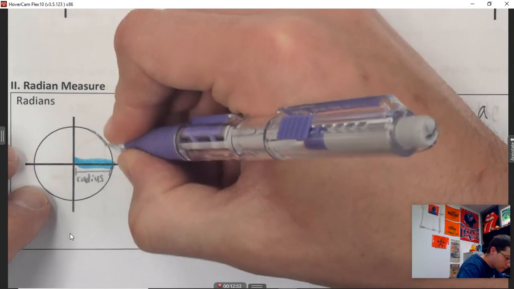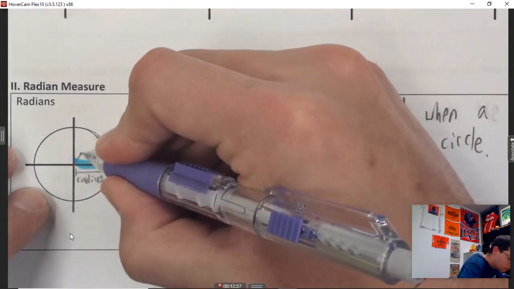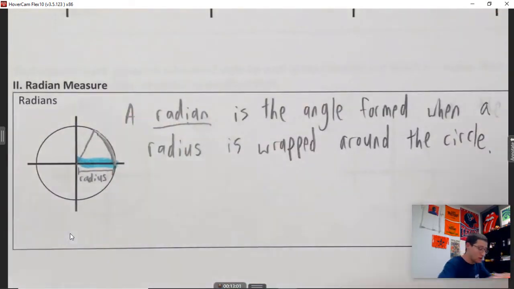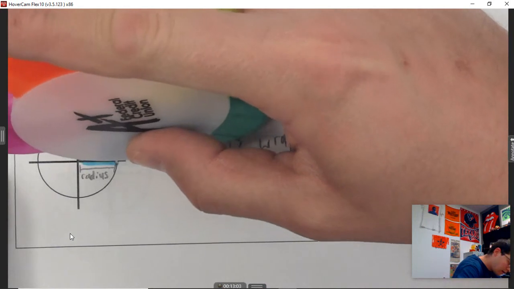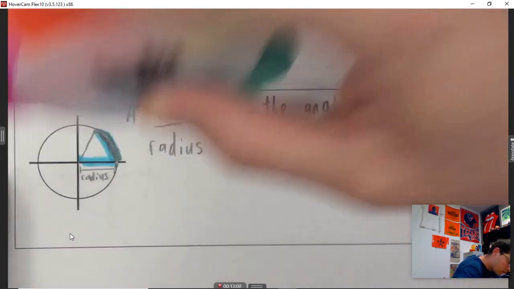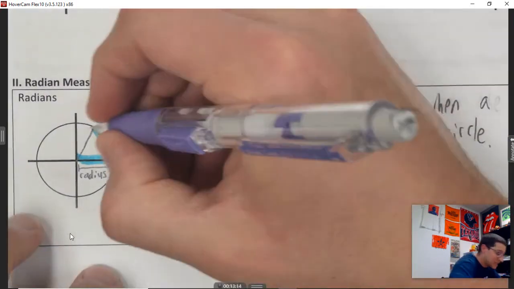It's not going to be perfect, but this length, somewhere in there, is my length of the radius. I'll highlight that in blue as well. So that is my radius length.